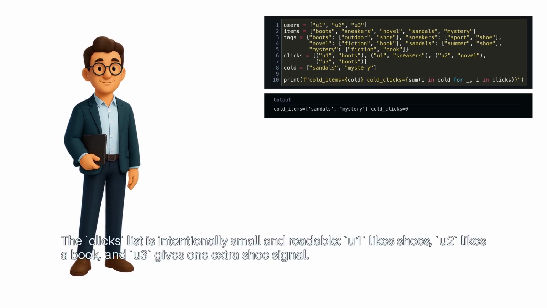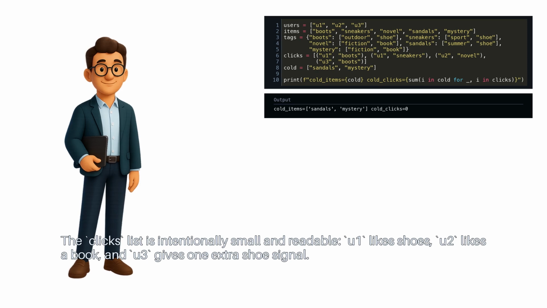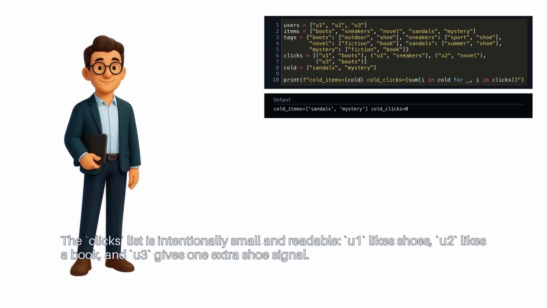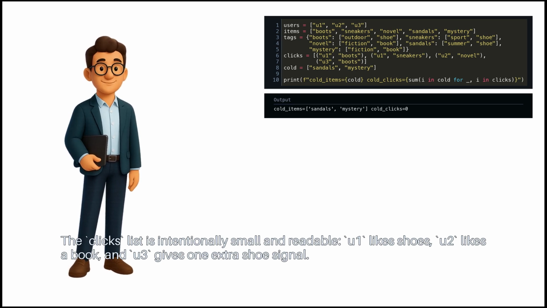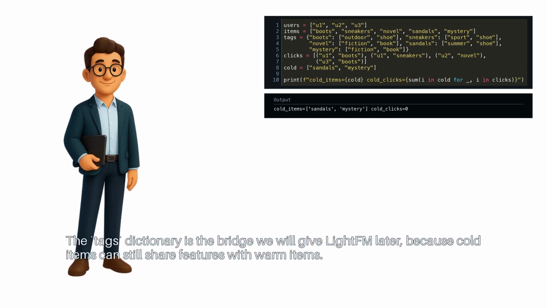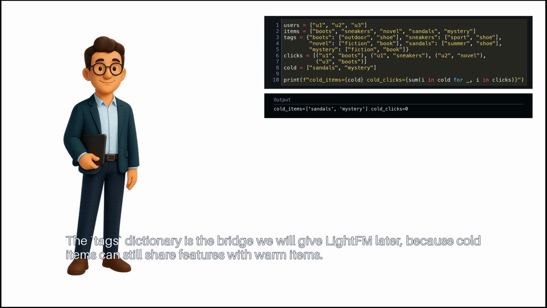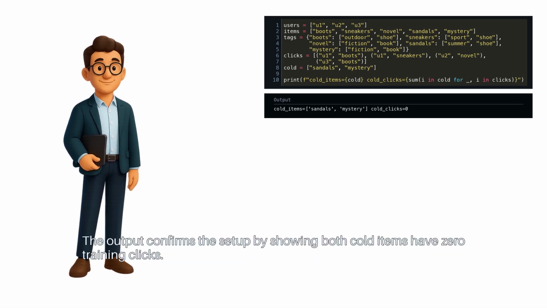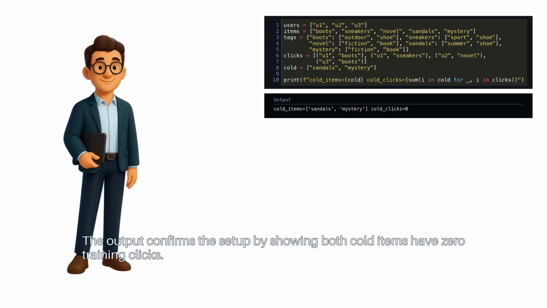The clicks list is intentionally small and readable. U1 likes shoes, U2 likes a book, and U3 gives one extra shoe signal. The tags dictionary is the bridge we will give LightFM later, because cold items can still share features with warm items. The output confirms the setup by showing both cold items have zero training clicks.